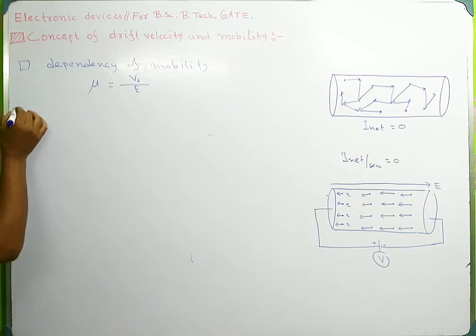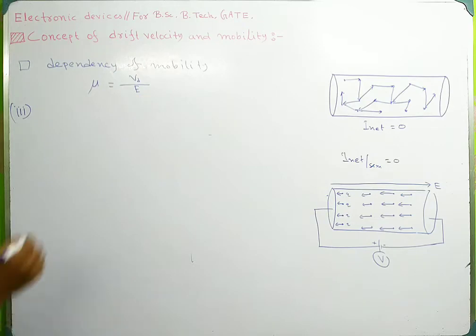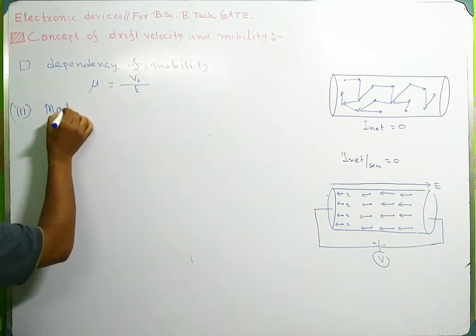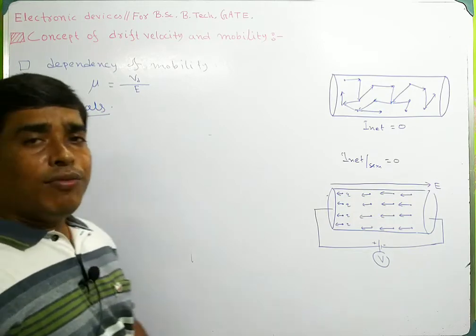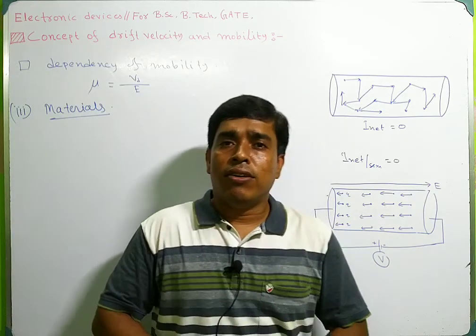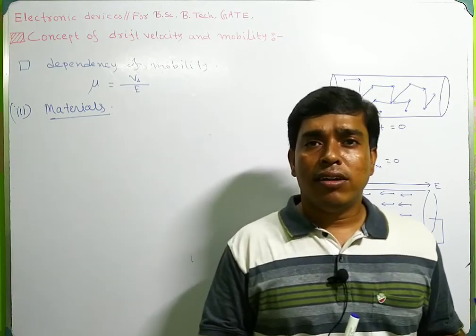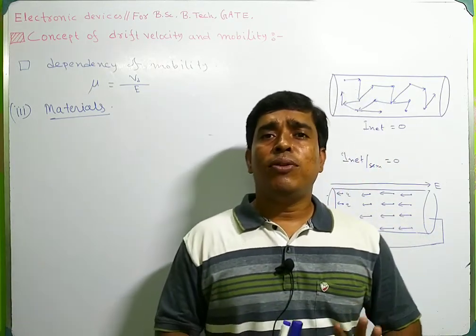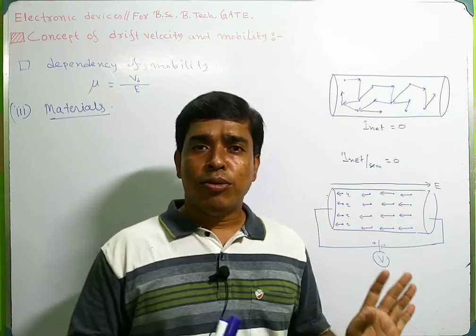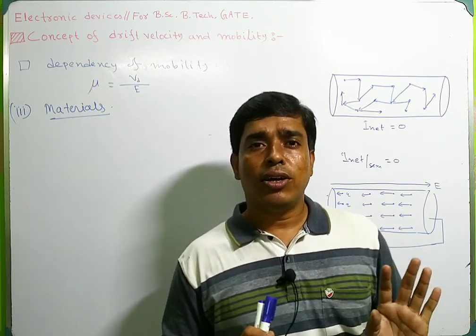Number 3, types of materials. If I take silicon and if I take germanium, then the mobility will differ from one to another.